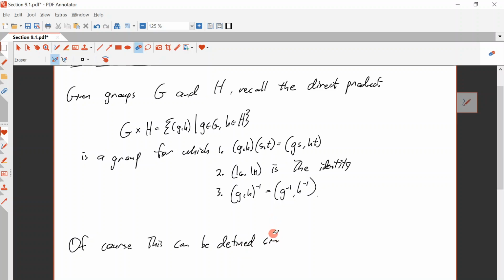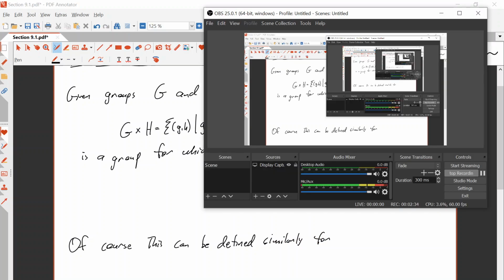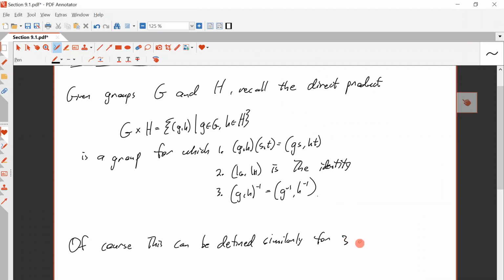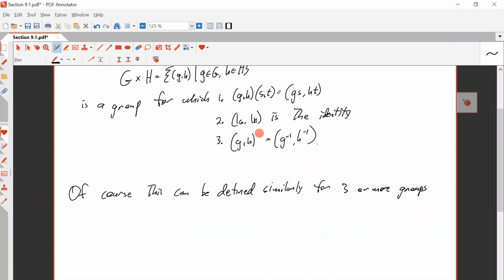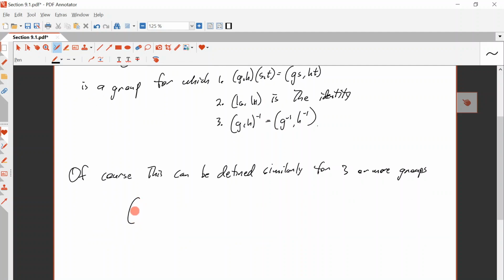Similarly, for 3 or more groups, you can define G1 direct sum G2 direct sum up to Gn, or direct product.